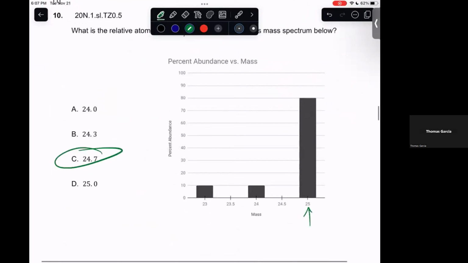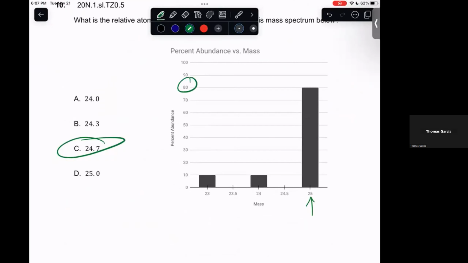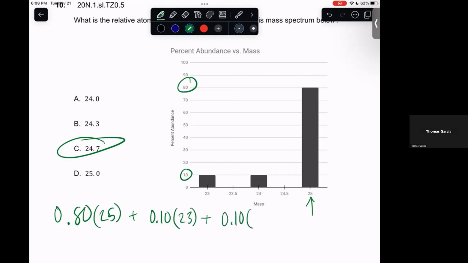If I really worked it out, the percent abundance of mass 25 is 80, so I would do 0.80 times 25 plus 0.10 for 10% times 23 plus 0.10 times 24, and I would get 24.7. Again, math would actually solve this, but logic makes this one quite a bit easier.